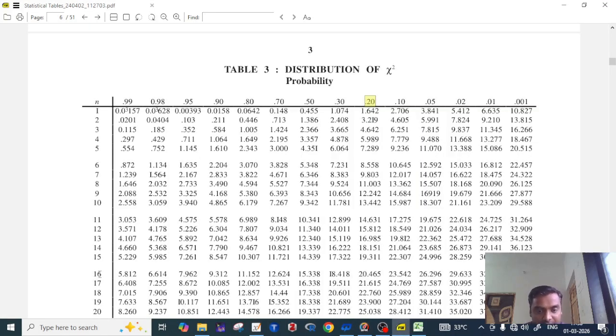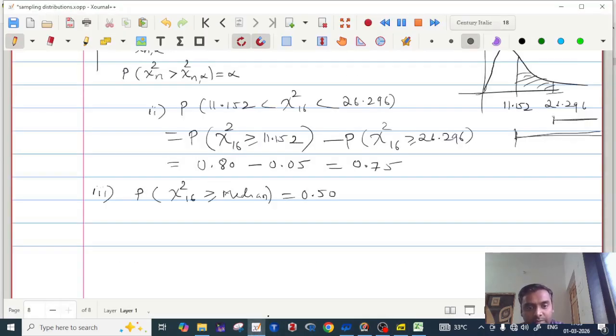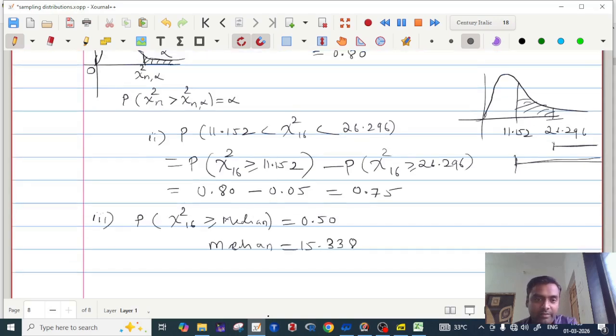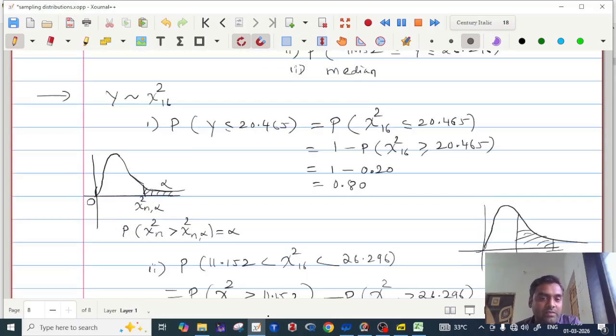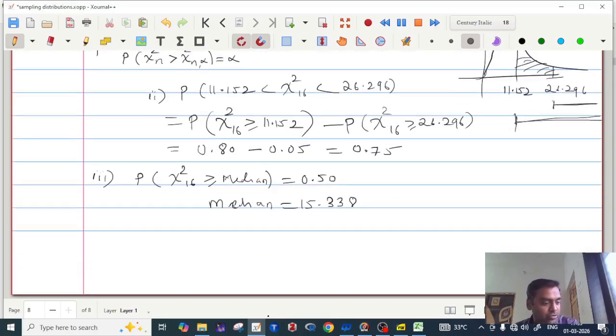N equal to 16 आणि probability 0.50 याच्या corresponding बघायचं. 16, okay, this 15.338, median is 15.33 from the statistical. This way we have to calculate the probabilities for chi-square distribution.